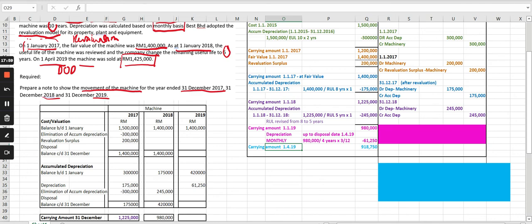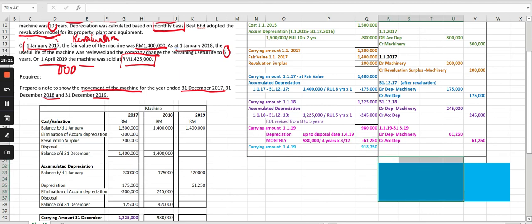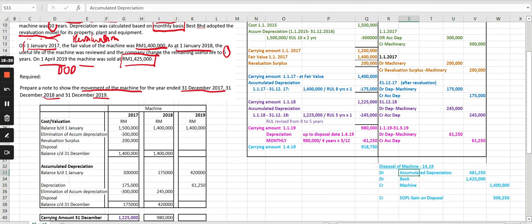So since there is a disposal before that, you need to record the depreciation that you have charged before the disposal, 61,250. And on the date of disposal now, you can see that the total depreciation is now 420 plus 61,250.